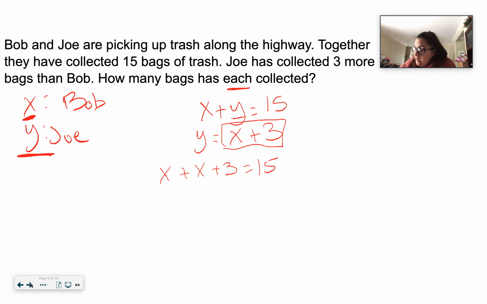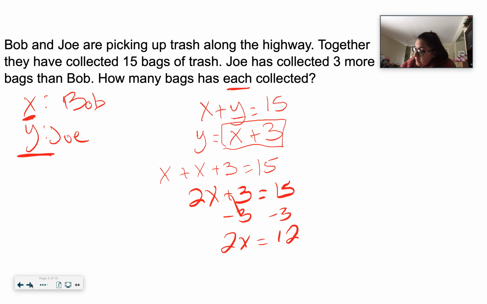I have x plus x, so that'll be 2x plus 3 is equal to 15. Now I'm going to solve this two-step equation. So I've got subtract 3. So I've got 2x equals 15 minus 3 is 12. Divide by 2. x is equal to 6.